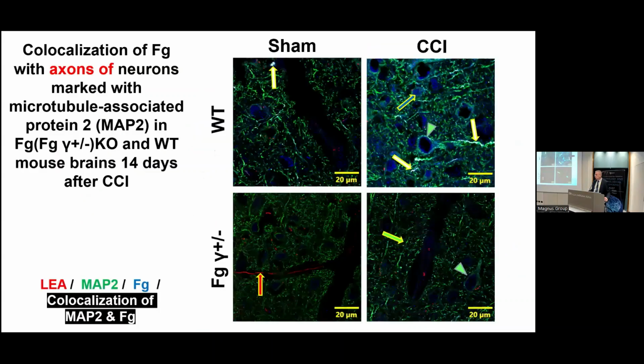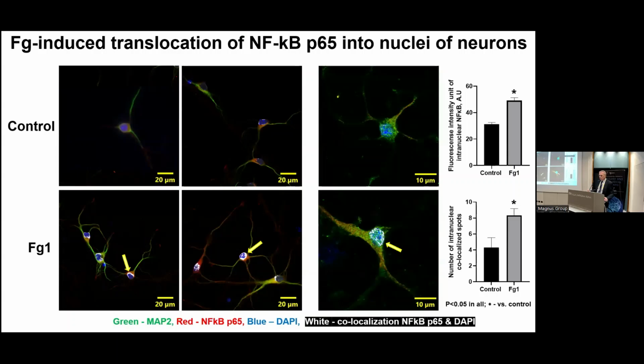And what does it do to neurons? We see that fibrinogen colocalizes with neurons also, so it can bind to neurons apparently. And we tested these effects. We see that NF-kappa B has been increased and translocated in neurons, so it affects neuronal NF-kappa B formation.